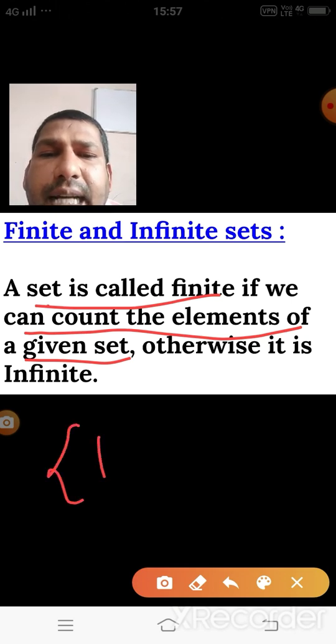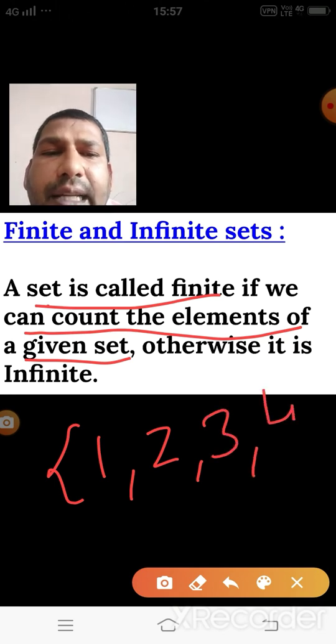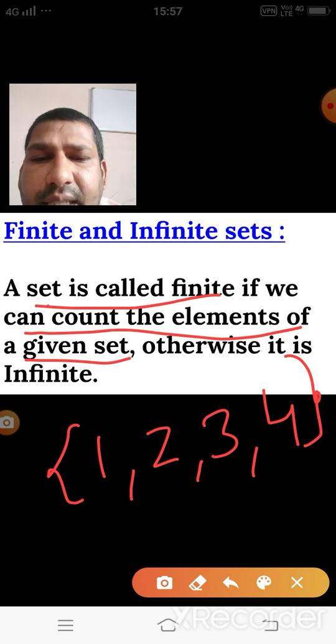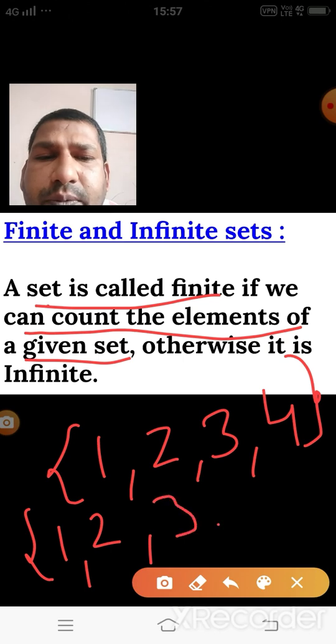Then which values we are getting? 1 we are getting, 2 we are getting, 3 we are getting, 4 we are getting. These are the values which are less than 5, and these values are fixed. But if I am taking a set of natural numbers only, then what am I getting? 1, 2, 3 and so on, uncountable.